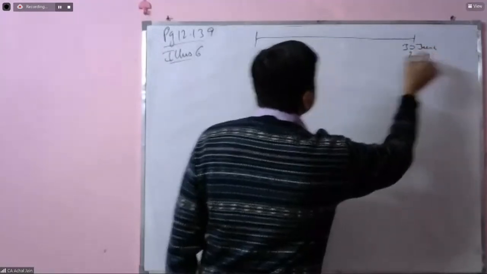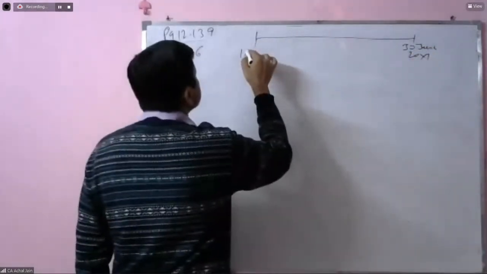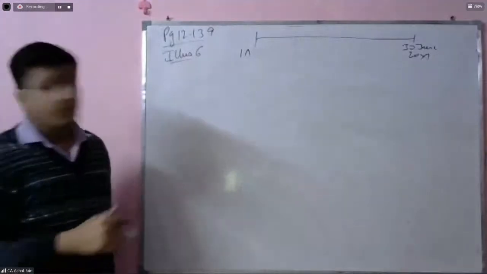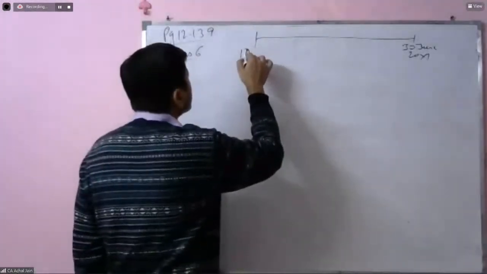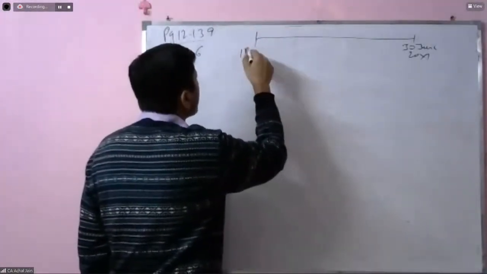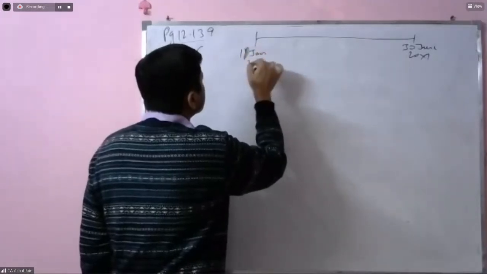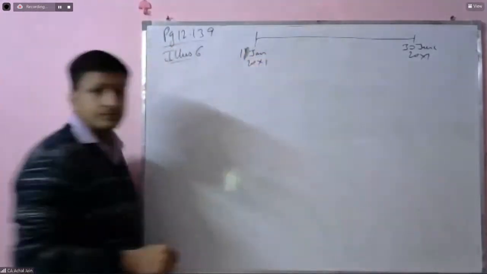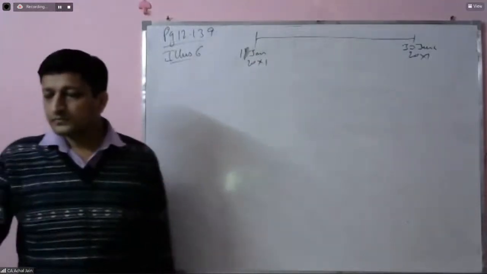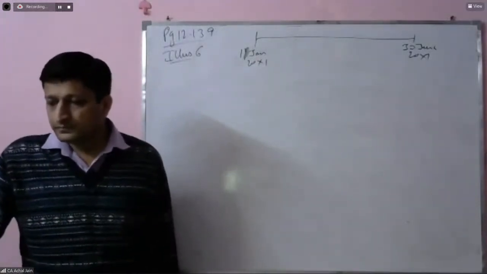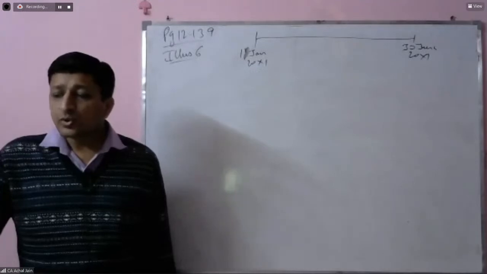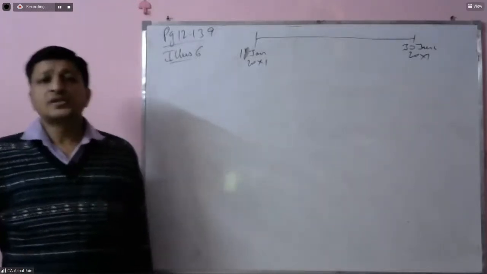June 2000 X1, and they have entered into this contract on 1st of January 2000 X1. The purchase price for solar panels is USD $50 million.